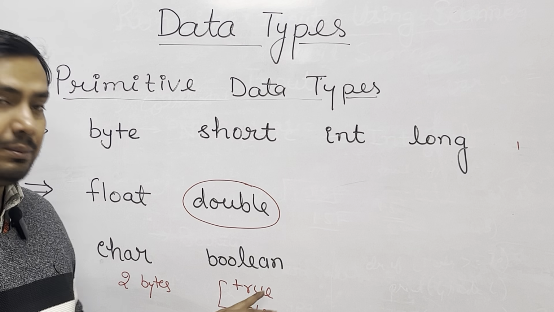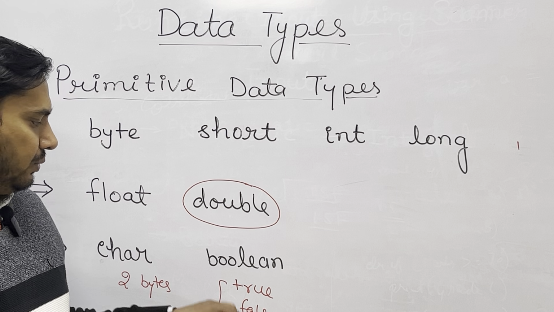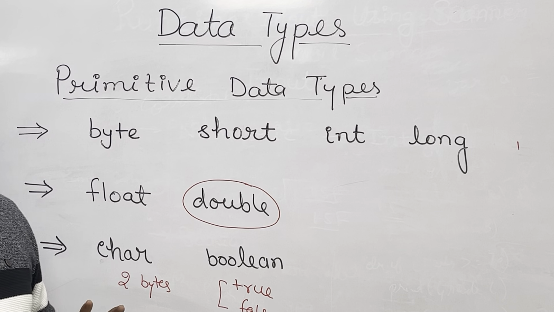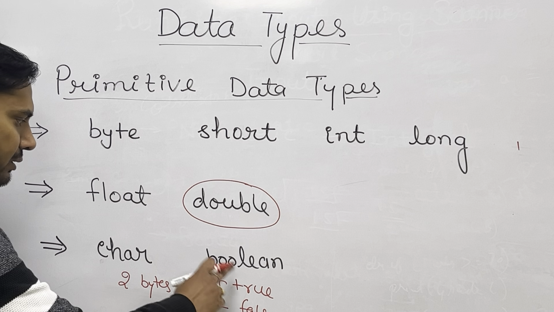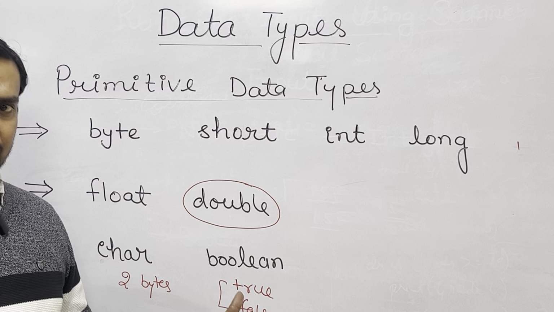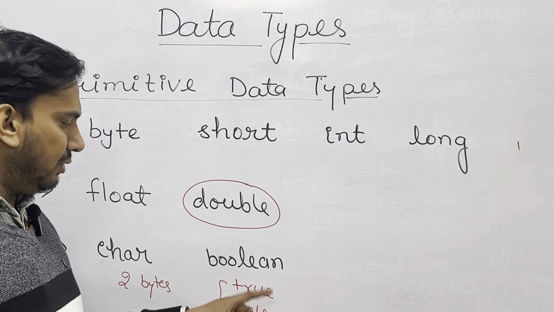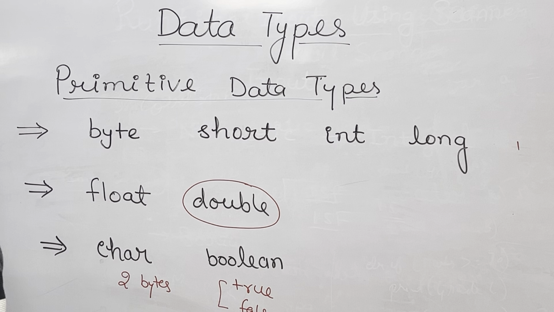They are not keywords, but they are reserved and they are always in lower case. You cannot use them in upper case. The size of boolean is generally considered 1 bit, but it is written as 1 byte. Specifically it is not mentioned, but you can say it is 1 bit or 1 byte. Character size is 2 bytes.